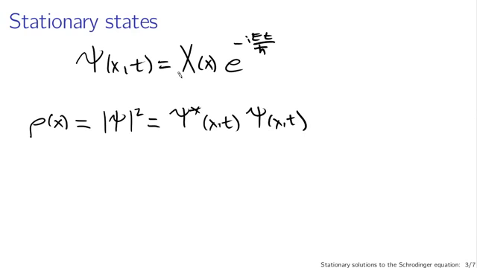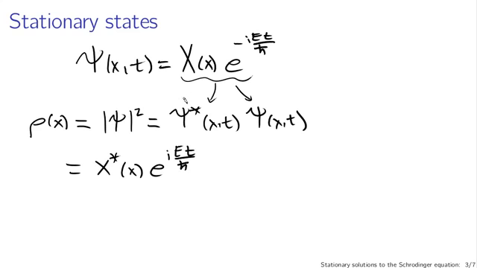Now if I plug this in for psi and its complex conjugate, I end up with the complex conjugate of big X as a function of position times the complex conjugate of this. And the only part that's complex about this is the i here in the exponent, so we need to flip the sign on that. And we'll have e to the positive i E t over h bar. That's for the complex conjugate of psi. And for the psi itself, well, X of x e to the minus i E t over h bar.